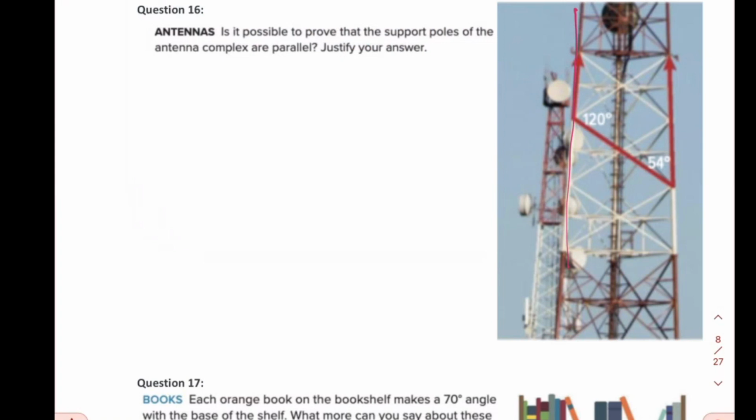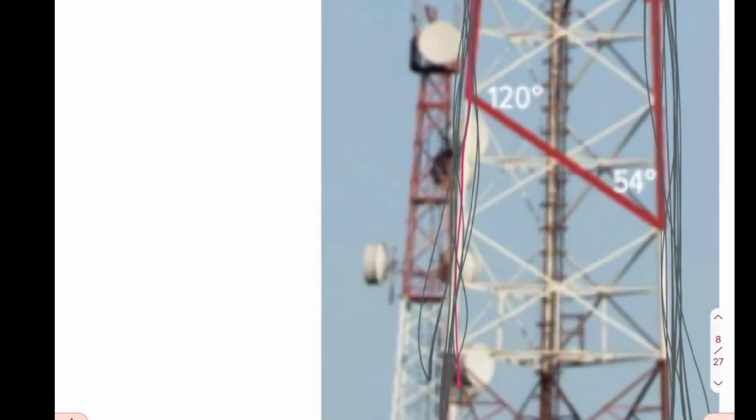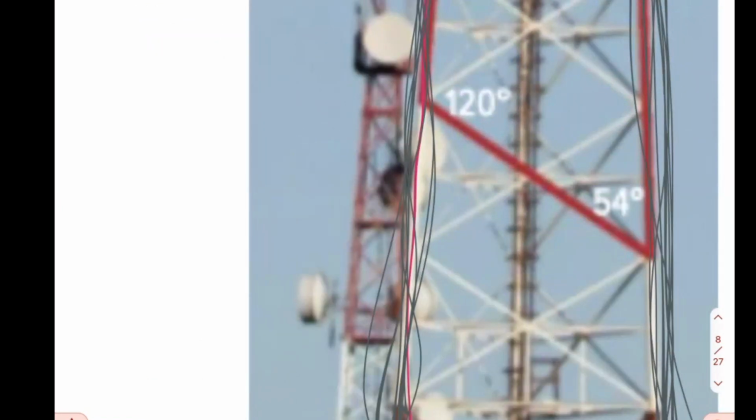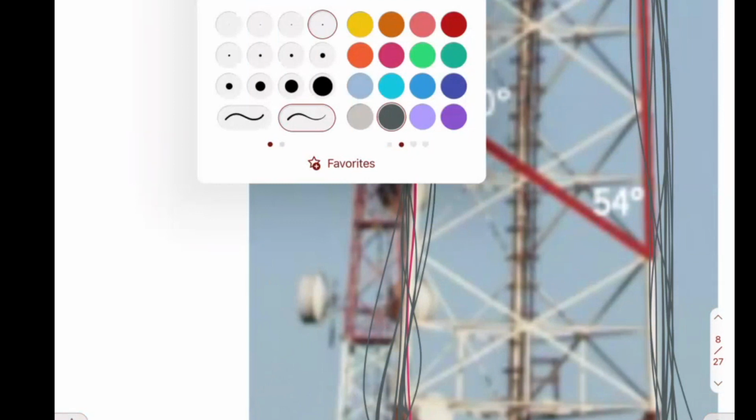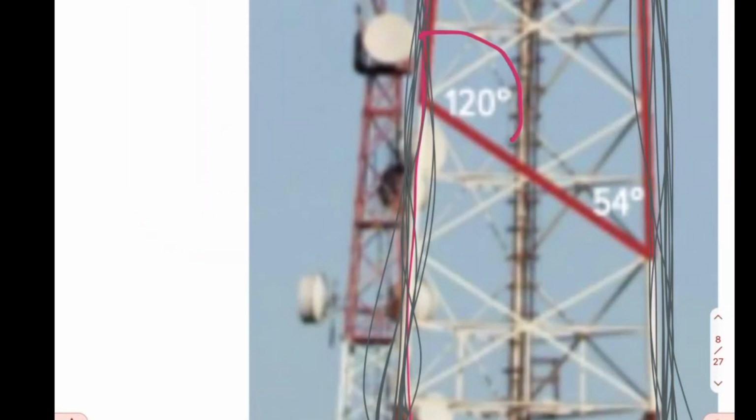So they're talking about this and this, these two lines. Can we prove they are parallel? To do that, you look at the angles. The angles are 120 and 54. These are the given information, so you have to use the given information.